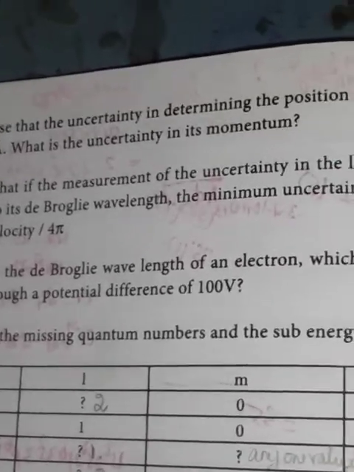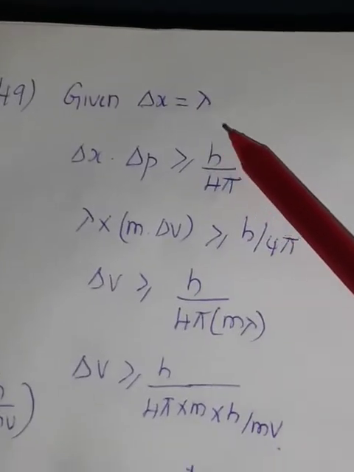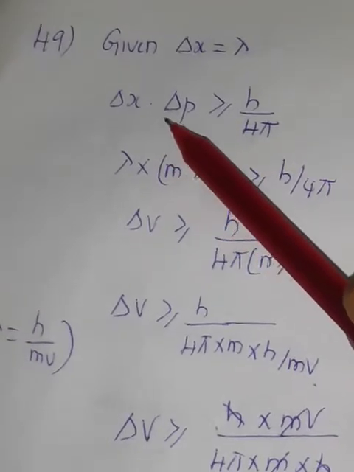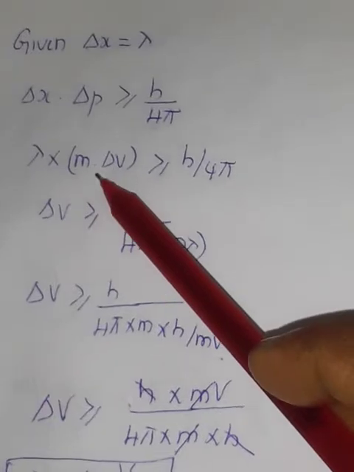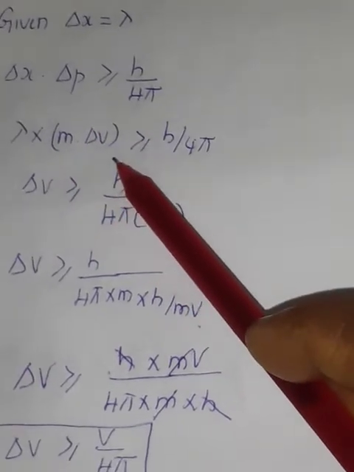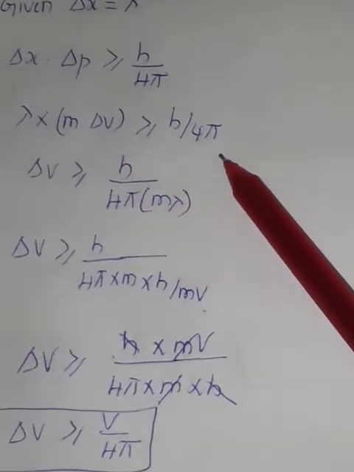And 49th question: show that if the measurement of... For that answer, given del x is equal to lambda, del x into del p is greater than or equal to h by 4 pi. Lambda into del p means mass into del v is greater than or equal to h by 4 pi.